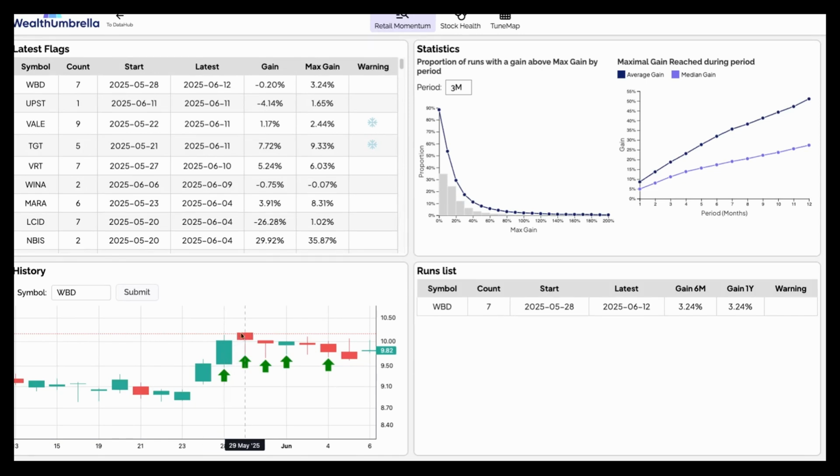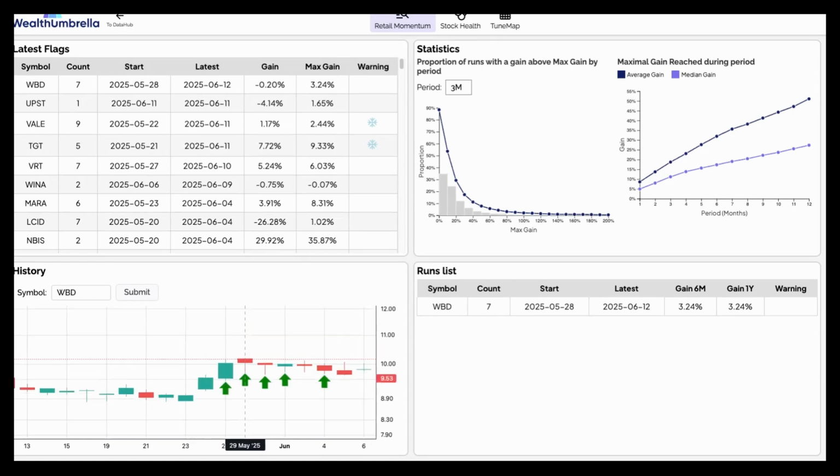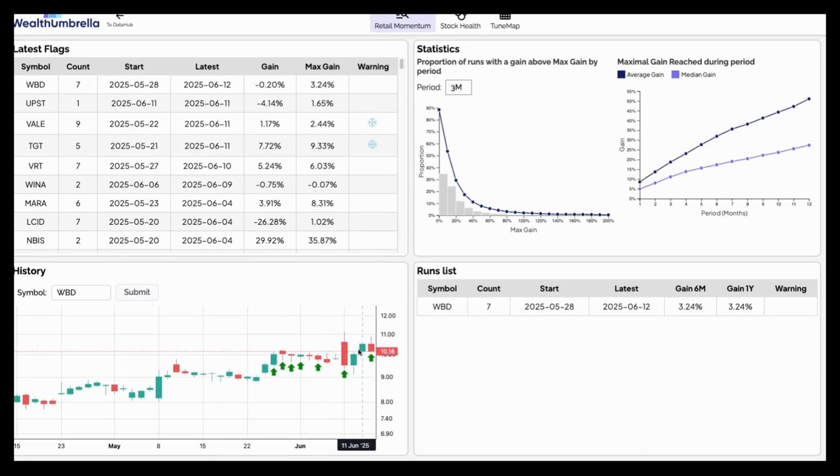Even though, like in this case, it opened higher and then fell, we still use that value since it's the earliest we could take action on that signal. Then we compute the gain we would have as of the close of the last day. So for WBD it would be a slight loss. And the max gain is the gain computed from the highest close within the run.